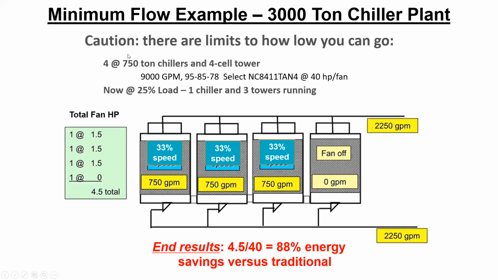But still, in this case, where we're just having 1 chiller on, 3 chillers off, we can still use this concept: 1 cooling tower off, but 3 cooling towers serving, and then we're talking about 4.5 horsepower out of 40 horsepower, or 88% energy saving. So the way you control the multiple towers, if they're connected to your chiller plant, is very important. That's why the VFD opportunity is great for controlling the fans.